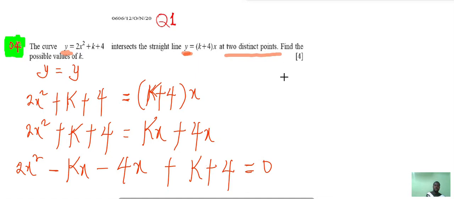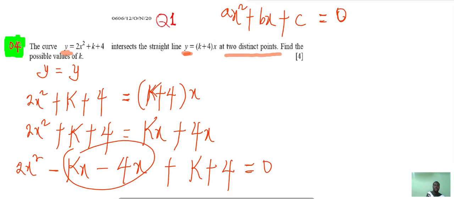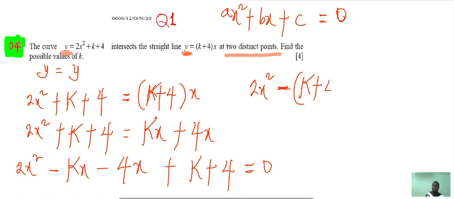We want to make it look like ax squared plus bx plus c equals 0. How do we achieve that? We need to group x as a single entity. That's just factorization. 2x squared, here I have k and 4, so I can write k plus 4, then put x here. Let me quickly check it back. Negative k times x is negative kx, and negative times 4x is minus 4x.